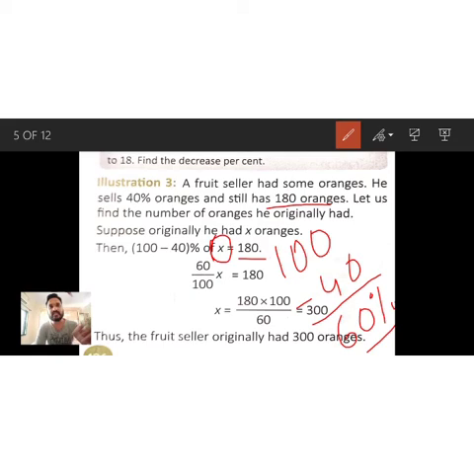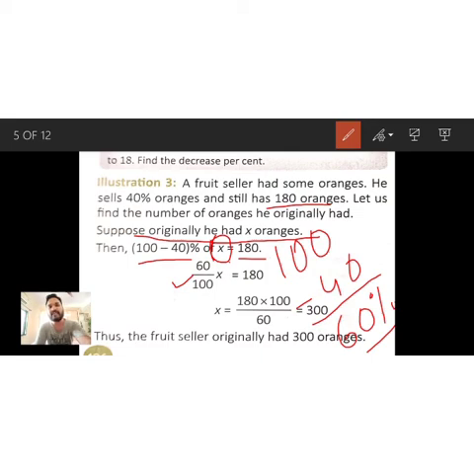60 percentage. So suppose originally he had X oranges. Originally he had X oranges. 100 minus 40. Why 100 minus 40? Because 100 minus 40 is 60, which is the left-out orange quantity. 60% is left with him. So 60% of X. Now of means multiply.